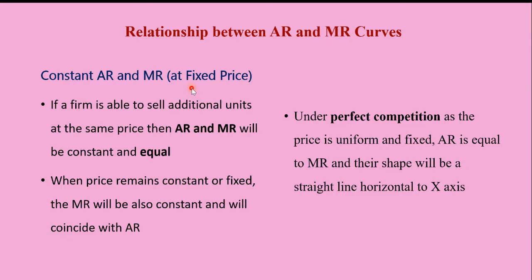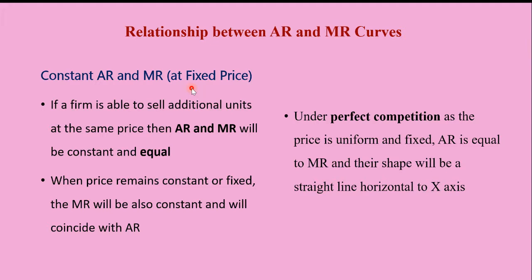So what do you mean by constant price and declining price? If there is no change in the price, then it is called constant. If there is a change in the price or if the price falls, then it is called declining price.